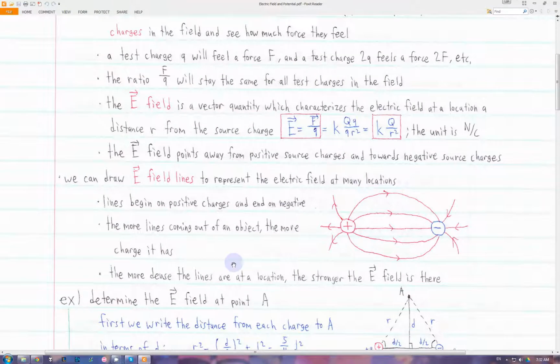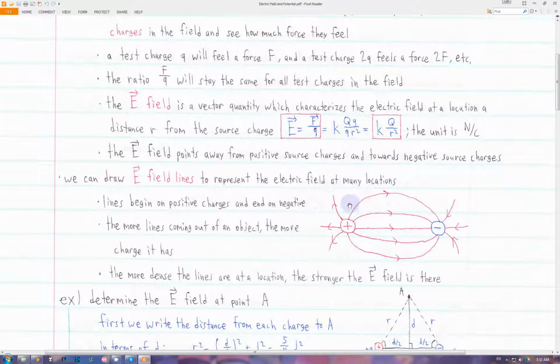To represent the E field in a region, we can draw what are called E field lines, and these lines are basically representing a lot of little E field vectors.